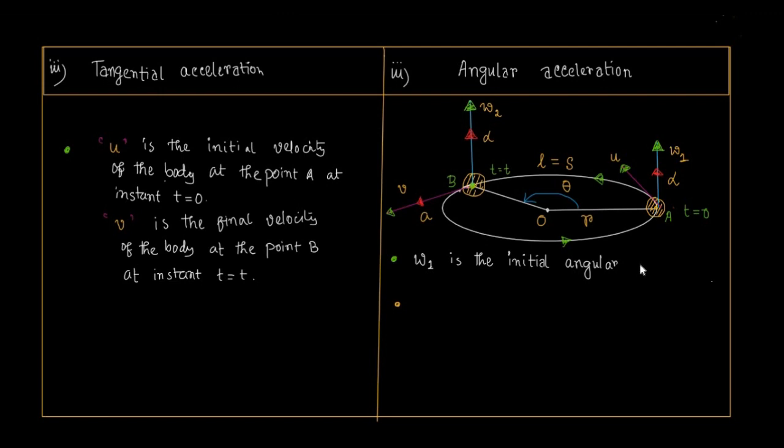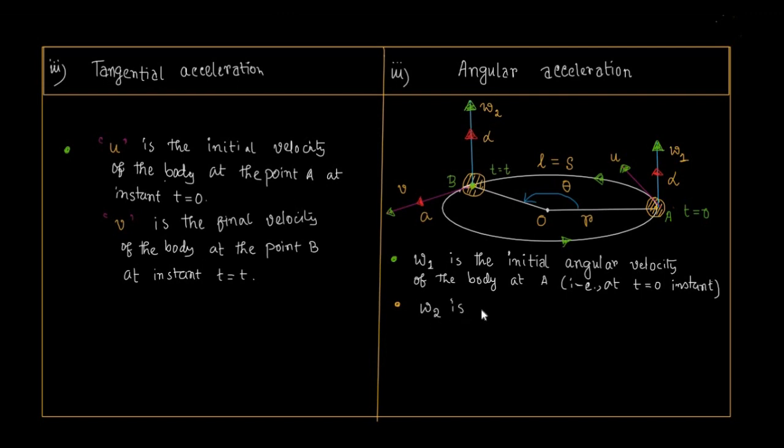Omega 1 is the initial angular velocity of the body at instant t equal 0 second.